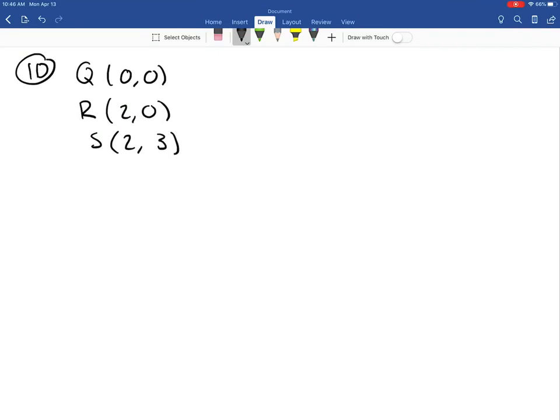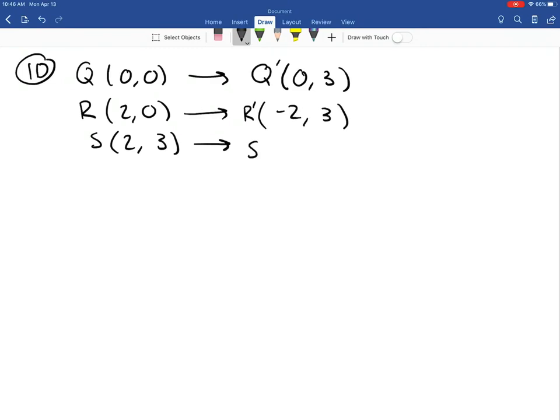The triangle is translated 3 units up and then reflected. Okay, so we're translating 3 units up and then we're reflecting, and it's ending with 0, 3, negative 2, 3, and negative 2, 6.